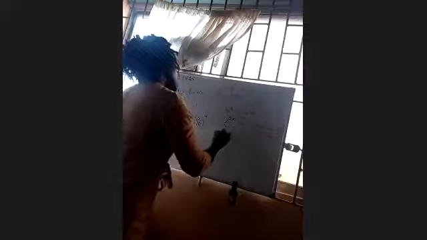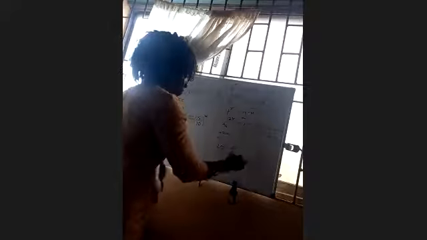So we can talk about equating indices or equal bases. We have 2 raised to power 2x is equal to 2 raised to power minus 4. 2 cancels 2, we have 2x is equal to minus 4.